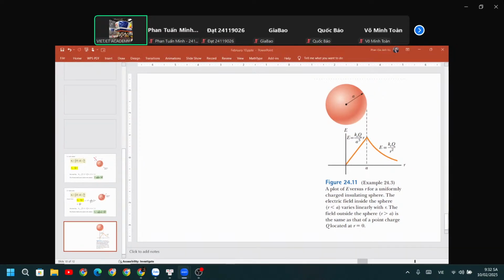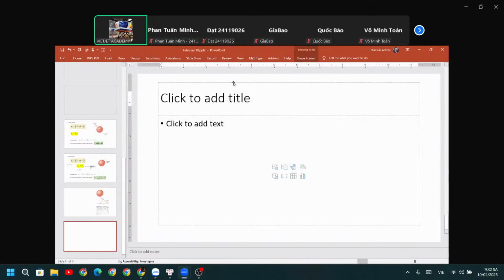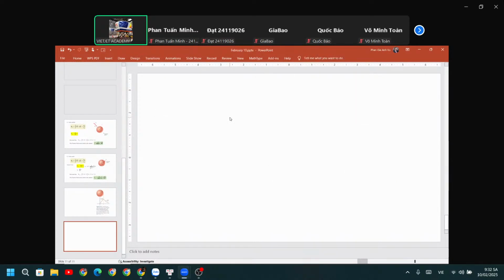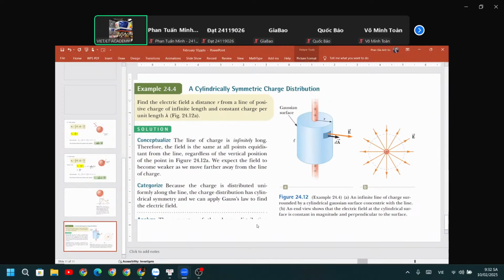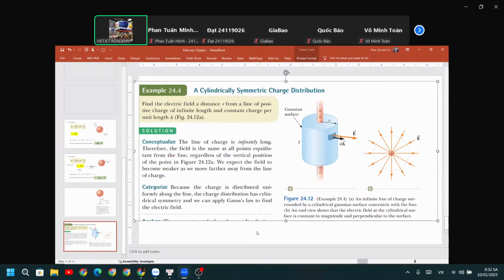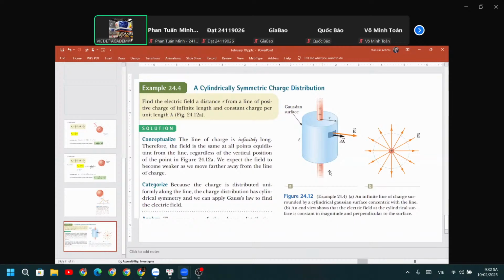Now let's take another case. We have a very long straight line that is uniformly distributed with charge. In this case, the line is very long and the charge density is constant.